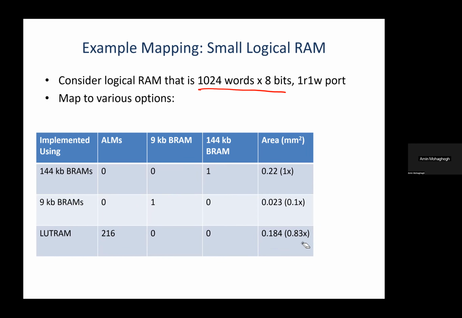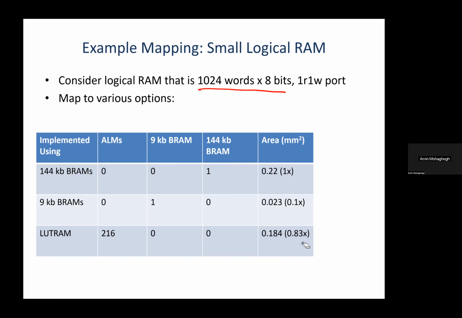If your mapper decides, I don't care what you built on the chip, I just love using this kind of RAM, that's the only thing I use, and there's all this other stuff that's unused, well, you pay the cost of that. So your area calculation is the area of the chip, not the area of what you use. So you're trying to do two things in your RAM mapper from an optimization point of view.